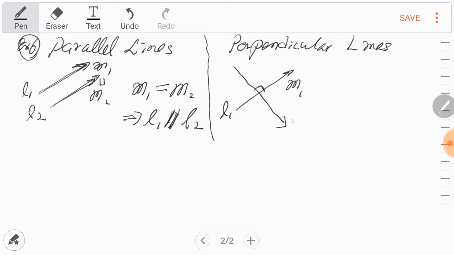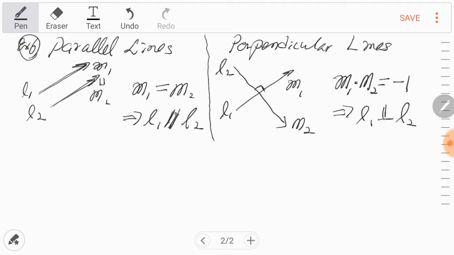Let's say the slope of line 2 is M2. Then if 2 lines are perpendicular, the product of the 2 slopes is equal to -1.